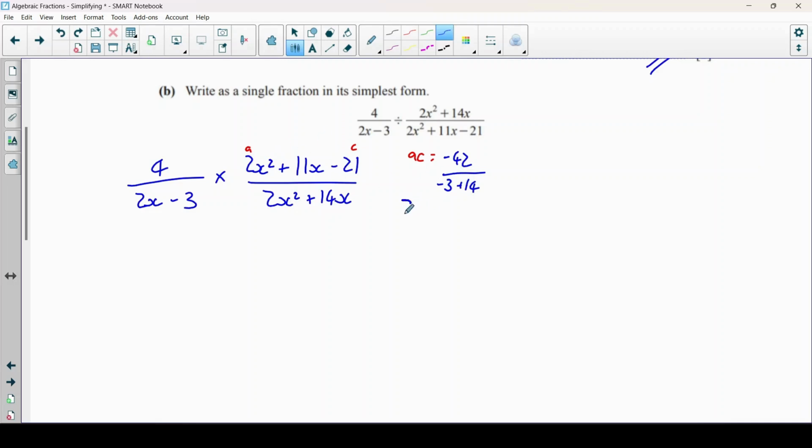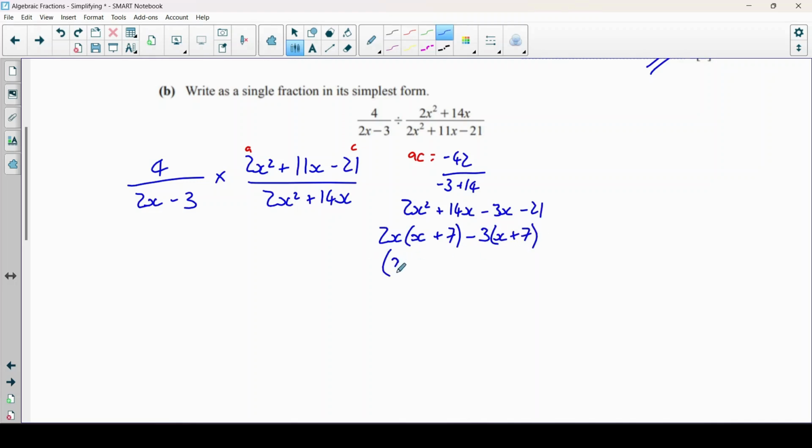Let's split the middle. 2x squared plus 14x minus 3x minus 21. Single brackets, 2x brackets x plus 7. And then minus 3 brackets x plus 7.